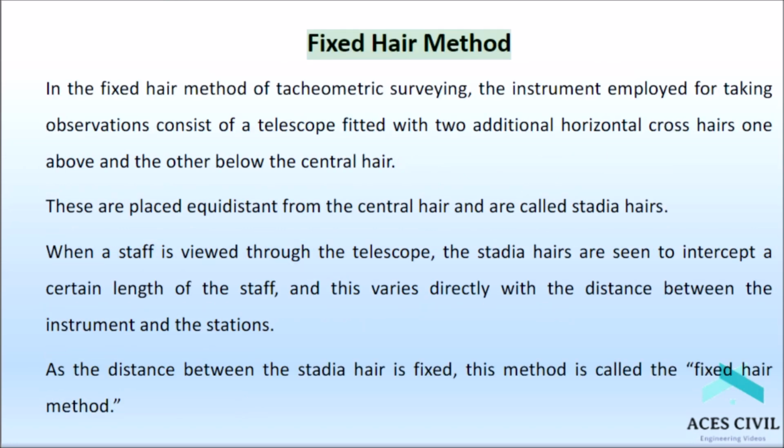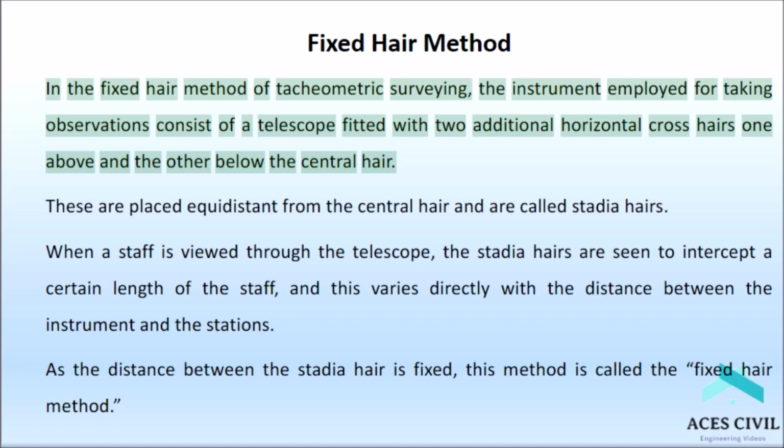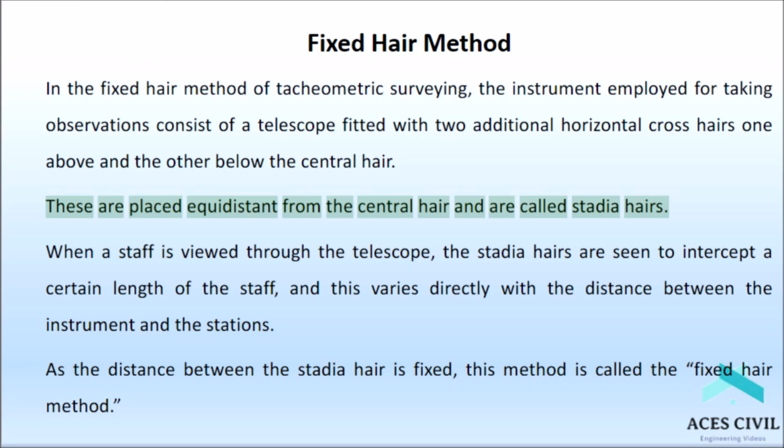Fixed hair method. In the fixed hair method of tacheometric surveying, the instrument employed for taking observations consists of a telescope fitted with two additional horizontal crosshairs, one above and the other below the central hair. These are placed equidistant from the central hair and are called stadia hairs.